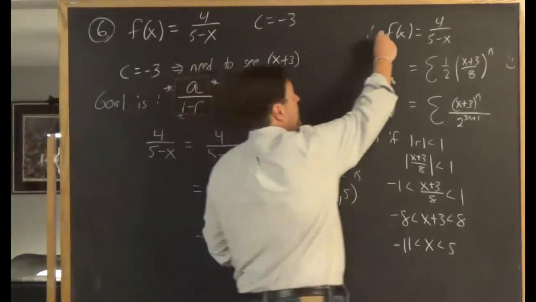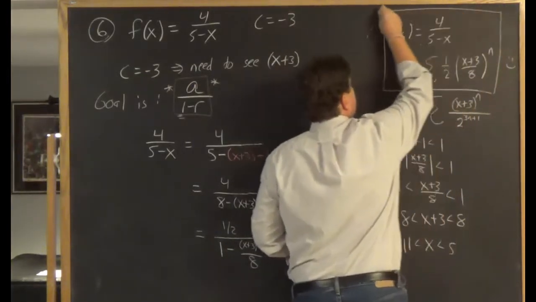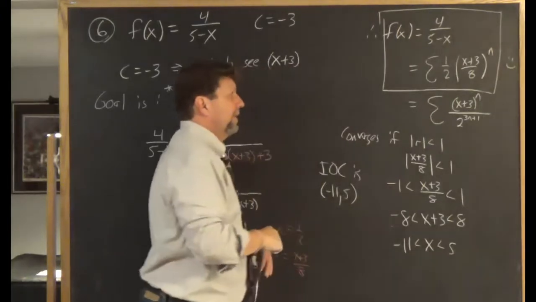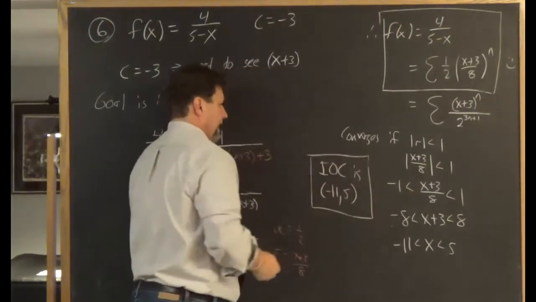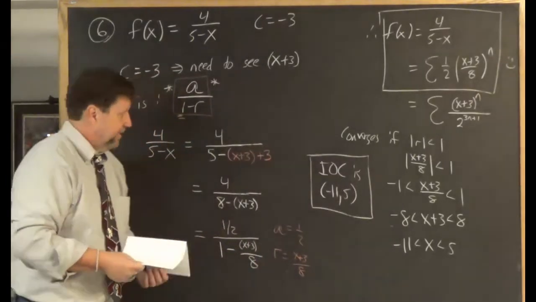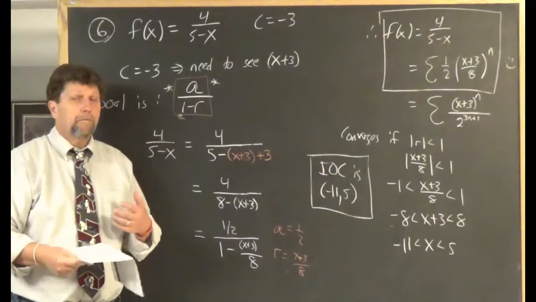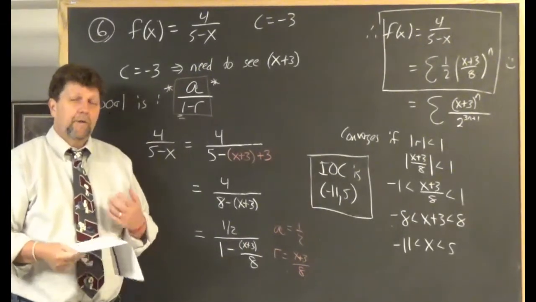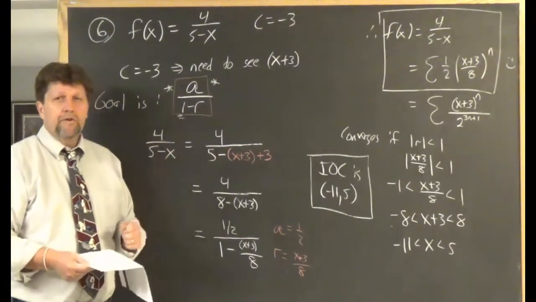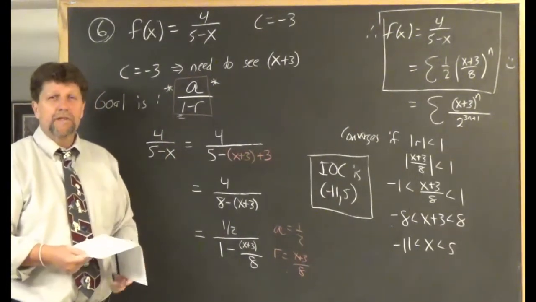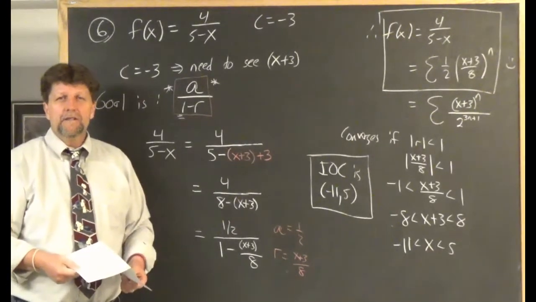So our function, 4 over 5 minus x, is exactly equal to that power series on the interval negative 11 to 5. That's pretty cool. We're creating stuff here, which I just find to be absolutely cool. Just using a little bit of information, we are creating some powerful stuff. So why don't we head back to the slides and see what is next.